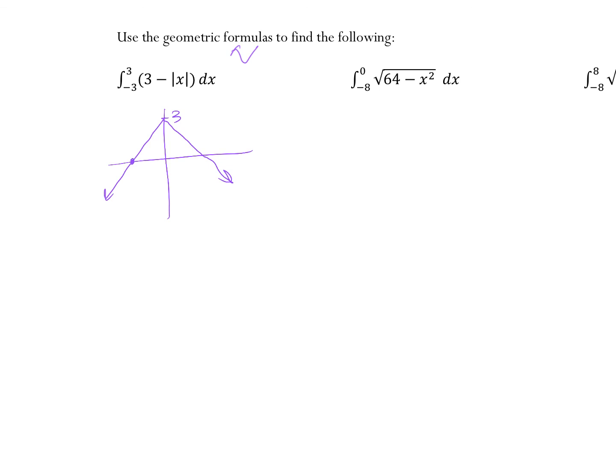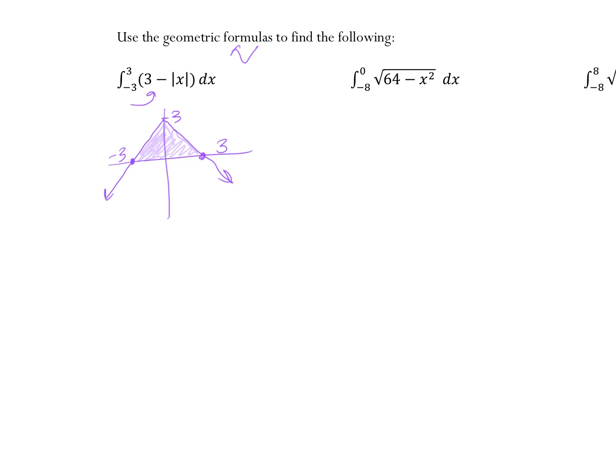And what values of x make the whole thing equal to 0? Negative 3 and positive 3. Yeah? So if I'm asking for the interval between negative 3 and positive 3, that's my interval. And if I ask you for that integral, I'm essentially asking you for this area.